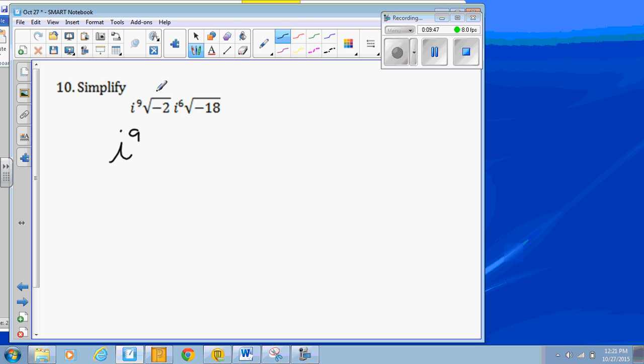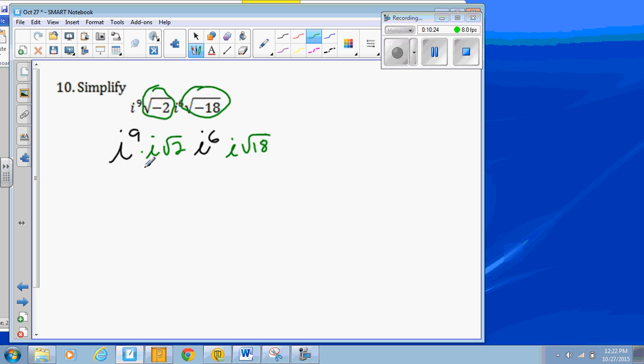This part of the fraction I'm going to change to be i times the square root of 2, because that negative comes out as an i. i to the 6th, that stays the same. And then i to the 18th becomes, square root of negative 18 is i times the square root of positive 18. The square root of a negative, the negative comes out as an i. That's the easiest way to look at it.